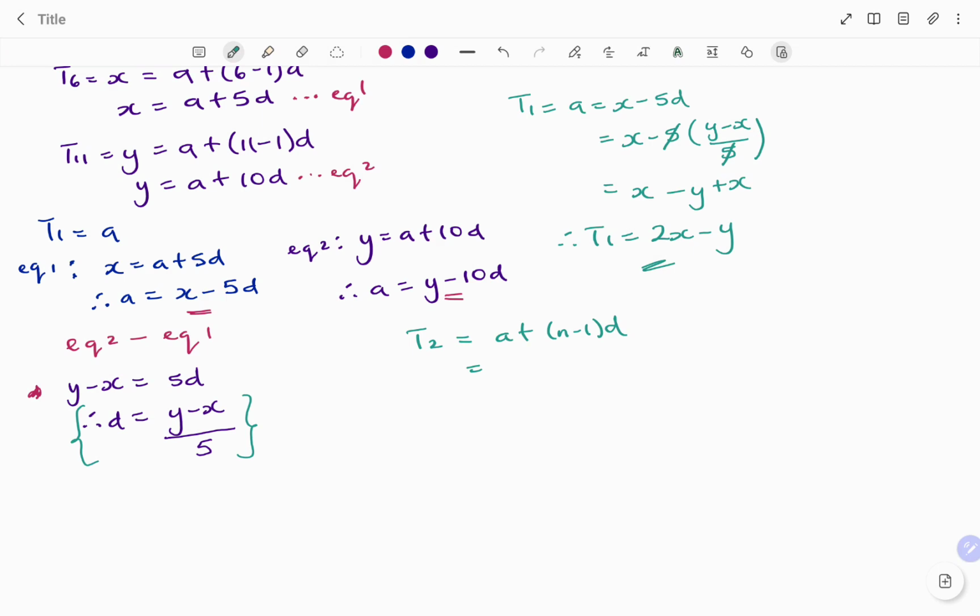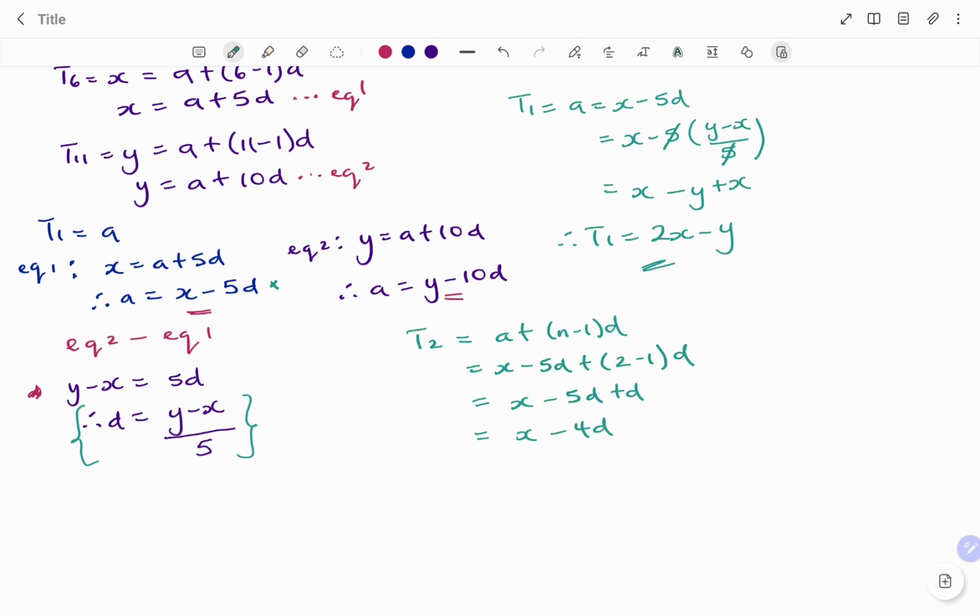Using x minus 5d, I have x minus 5d plus 2 minus 1, n is 2, multiplied by d. Simplifying, I have x minus 5d, 2 minus 1, that's 1, that's plus d. Therefore, I have my T2 to be x minus 4d.